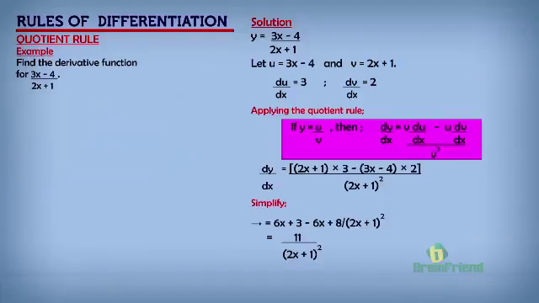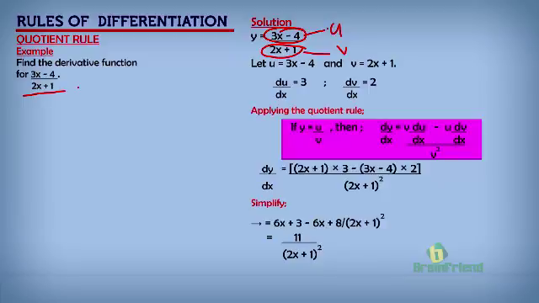Now we've been asked to find the derivative function for 3x minus 4 divided by 2x plus 1. Now, let y represent our given function there. Okay? U is our numerator and v is our denominator.